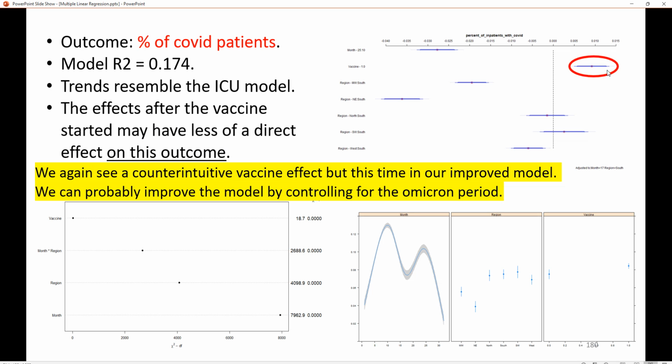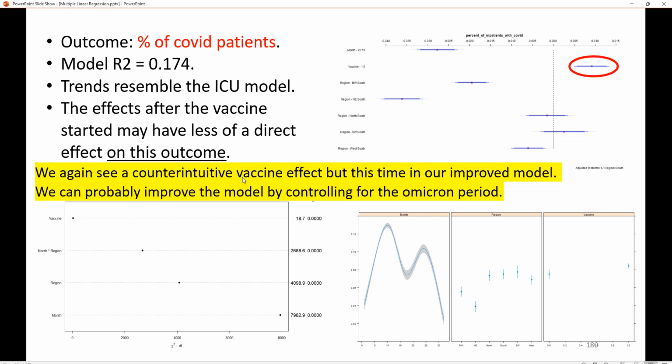On the top right, circled in red, we see the vaccine effect, and this resembles what we saw in our first model. In this data, the vaccine seems to show that there is an increased bed utilization rate associated with the vaccine, and that, again, we would think is counterintuitive.